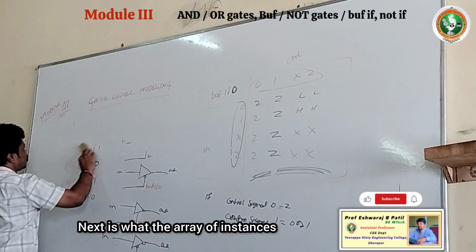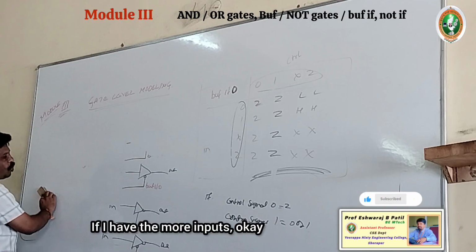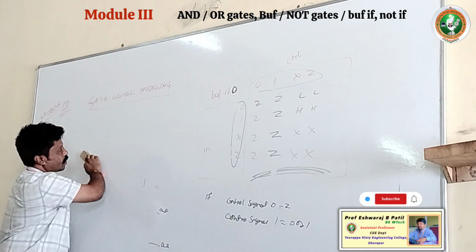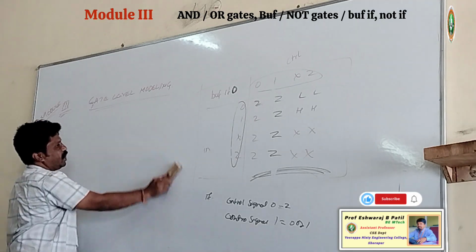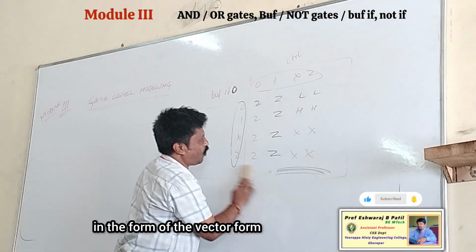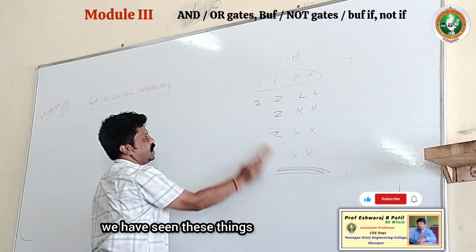Next is the array of instances. If I have more inputs, I have to define them in vector form. In the last class we have seen these things.